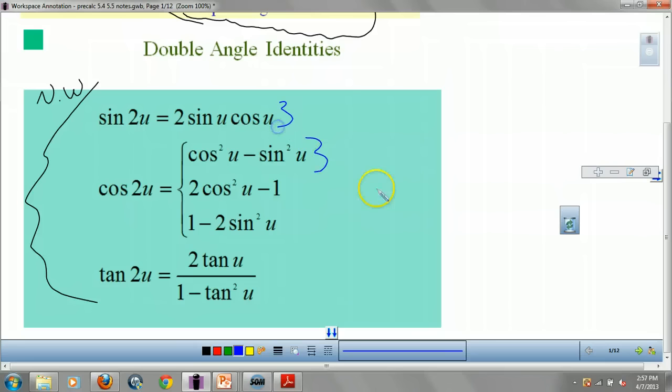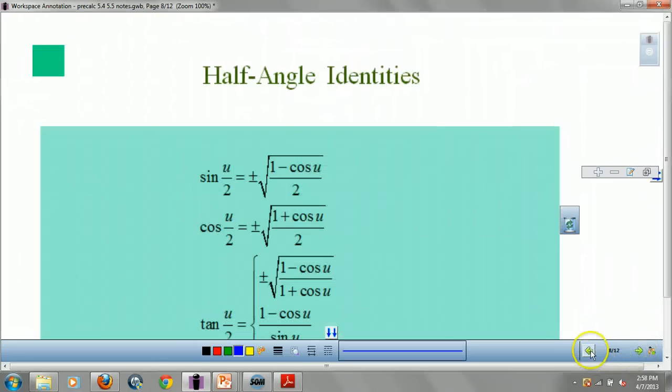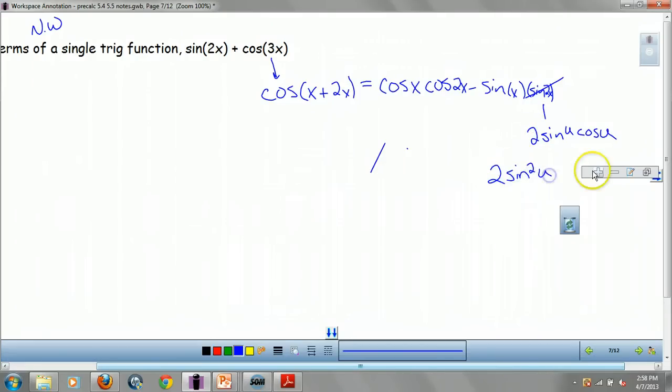And for sine, we're going to use the 2 sine u times cosine u. So actually this whole thing is 2 sine squared of u times cosine of u, right? Because I'm just incorporating the sine.